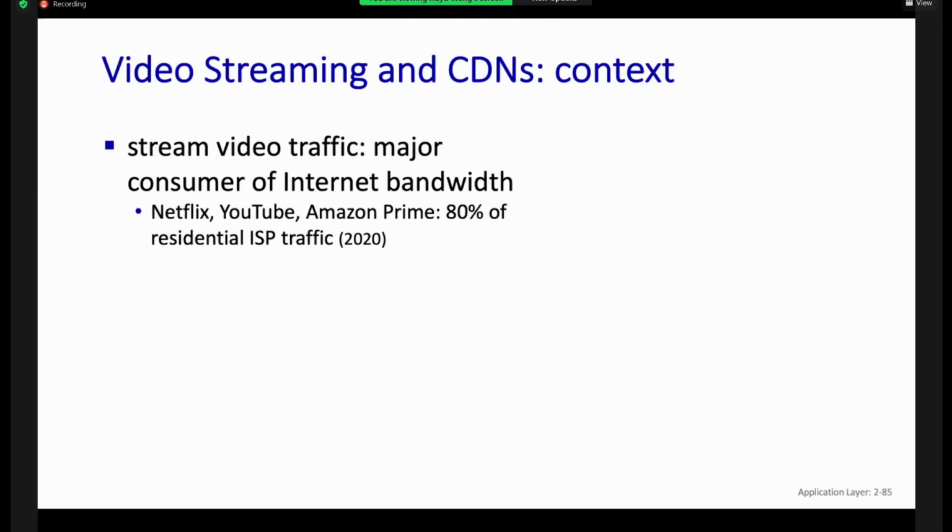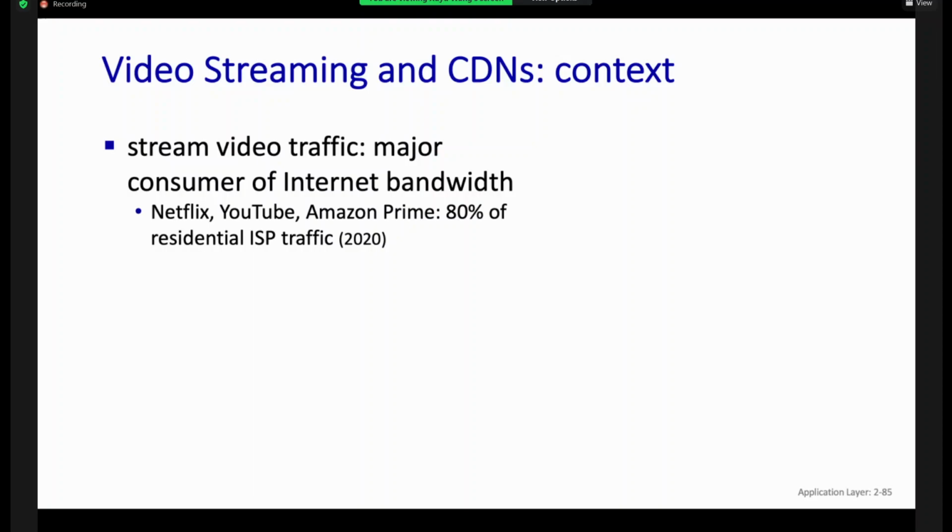And the first question is why we need to consider video streaming. If we consider current video streaming traffic, this is Netflix, YouTube, and Amazon Prime.